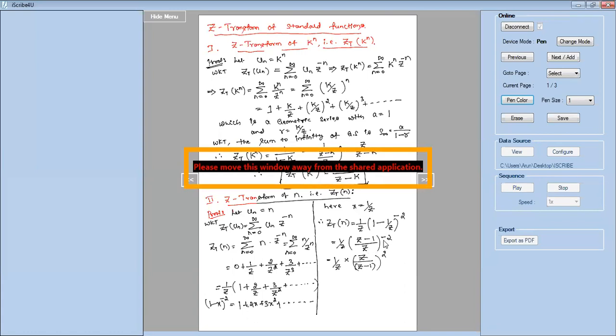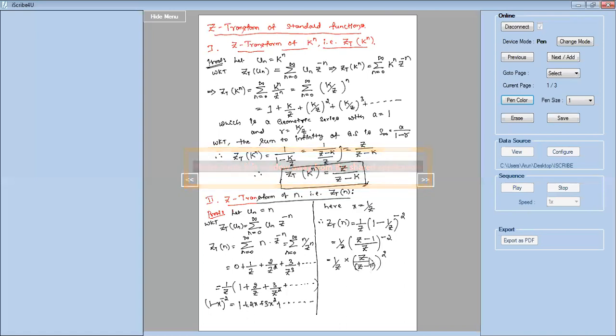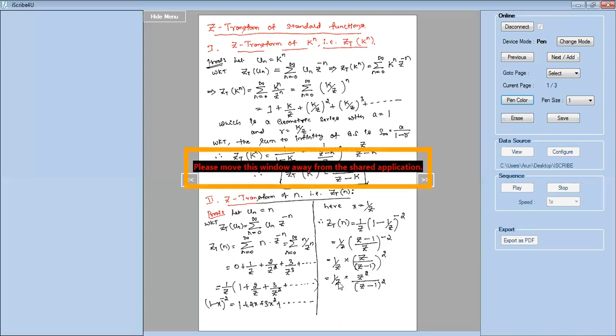It is like a by b whole power minus 1 means I can write b by a. So if I split this, we get 1 by z into z square divided by z minus 1 whole square. So one z gets cancelled here, and the remaining is z by z minus 1 whole square.